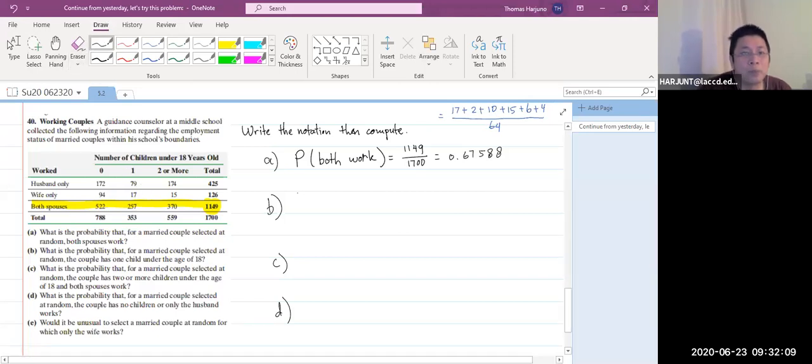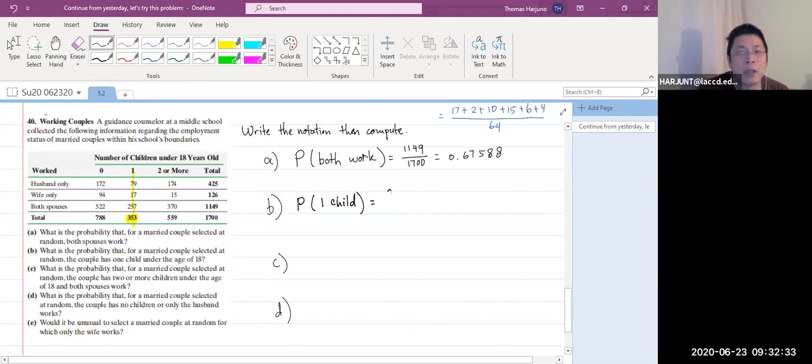Part B, what is the probability that for a married couple selected at random, the couple has one child under the age of 18? Probability of having one child.